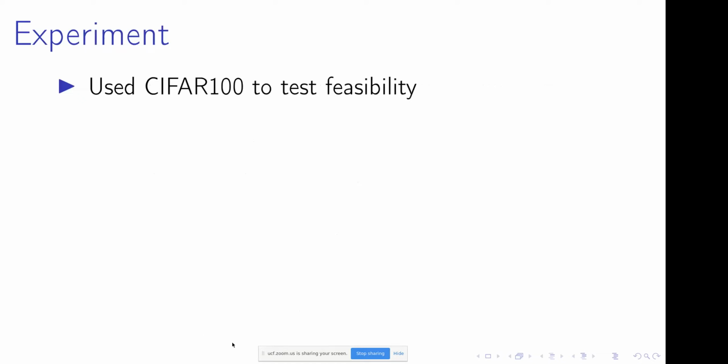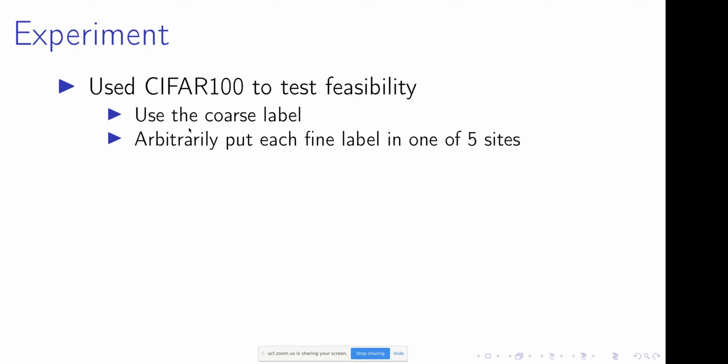So the experimental setup that I have is I use the CIFAR-100 dataset, and this is just to test the feasibility of my idea. Ideally, for the actual final experiment, I would use an actual medical image dataset, but this is just to test how feasible this is. So for CIFAR-100, they have 20 coarse labels, and those coarse labels are what I'm using as the label.